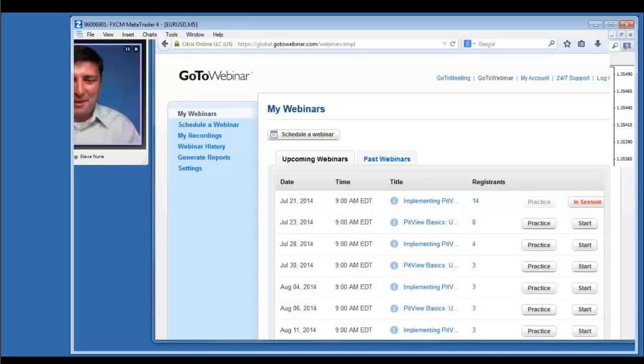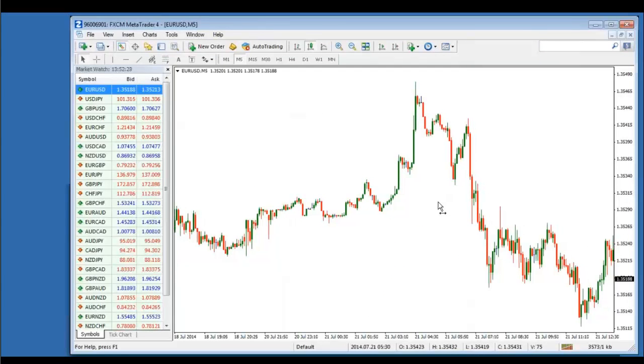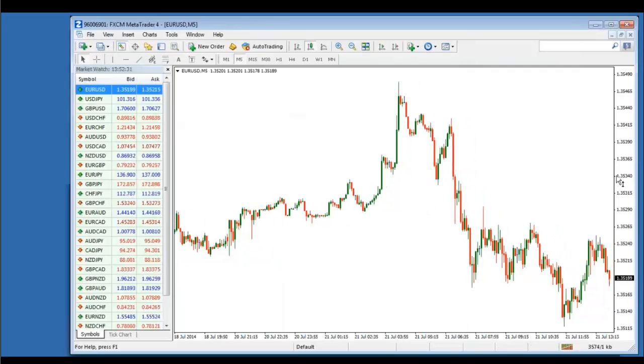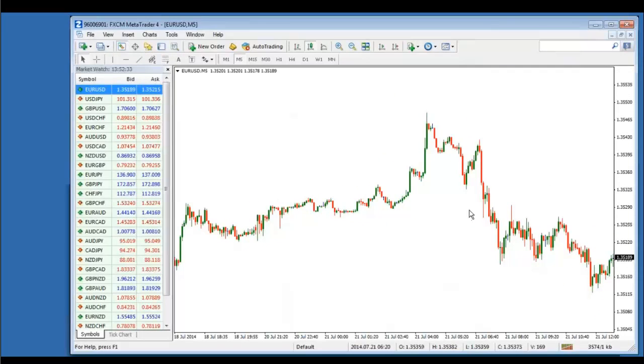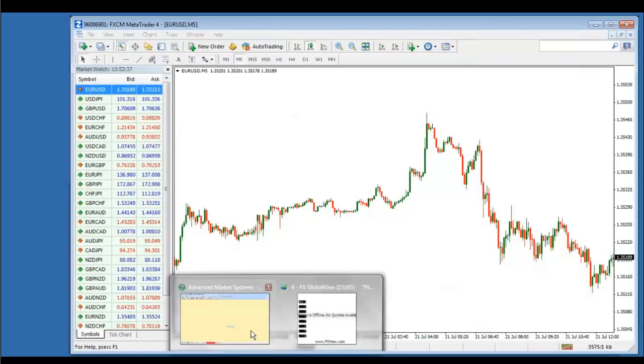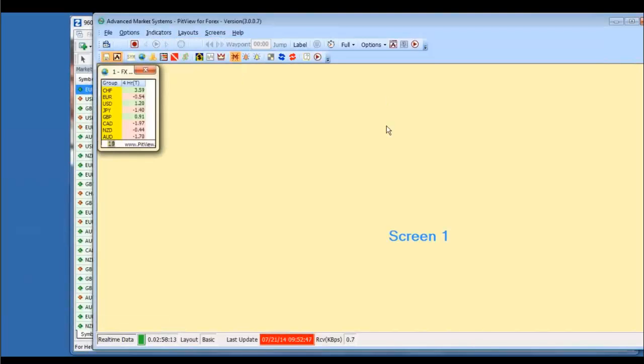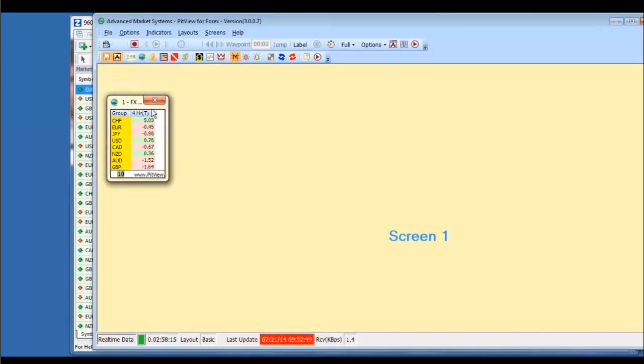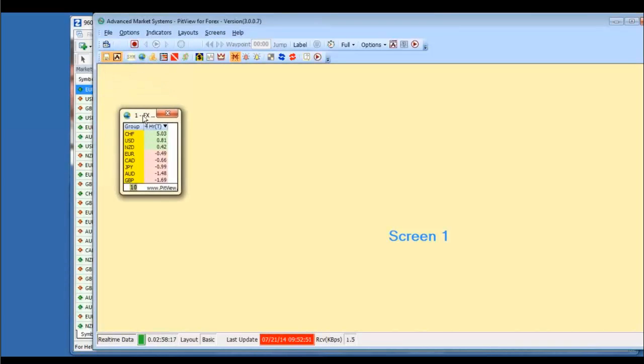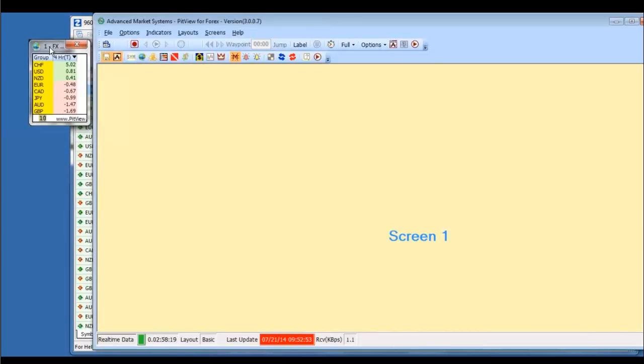Here, let me pull up my MetaTrader chart, and let me just go over some of these things. Let me pull up my PitView. I'm going to pull that up.